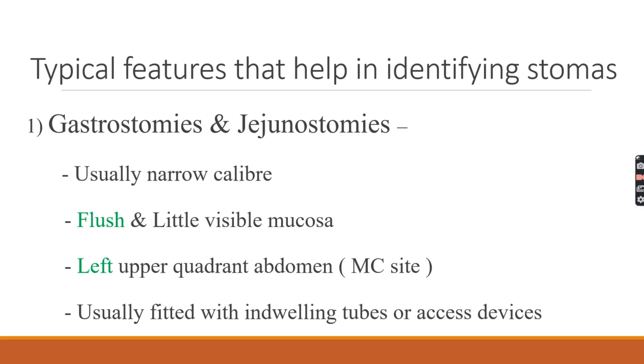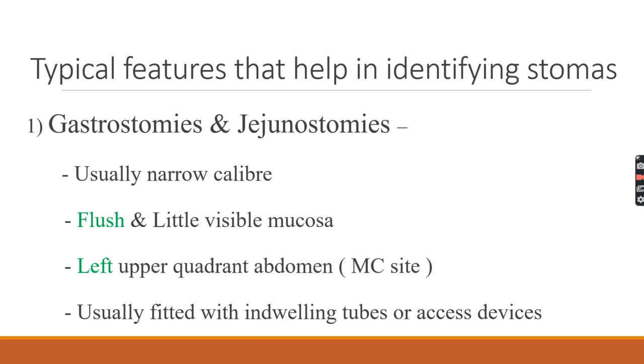Usually the opening is flush type. What we have just seen was spouted type. Flush type means almost at the level of the anterior abdominal wall, not coming out, with little visible mucosa of the stomach or jejunum. Usually the most common site is the left upper quadrant of the abdomen for gastrostomy and jejunostomy. And these two openings are usually fitted with indwelling tubes or access devices, right, for proper management.